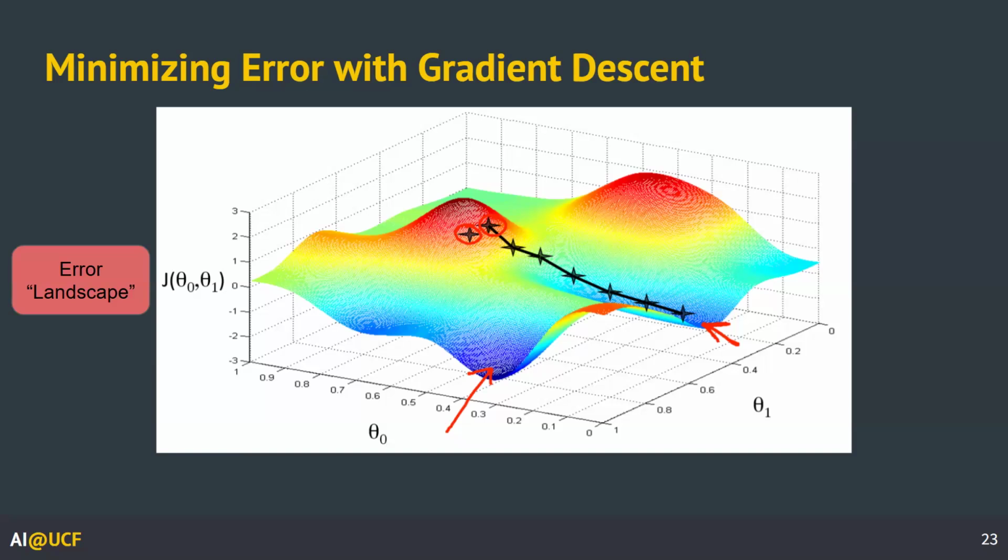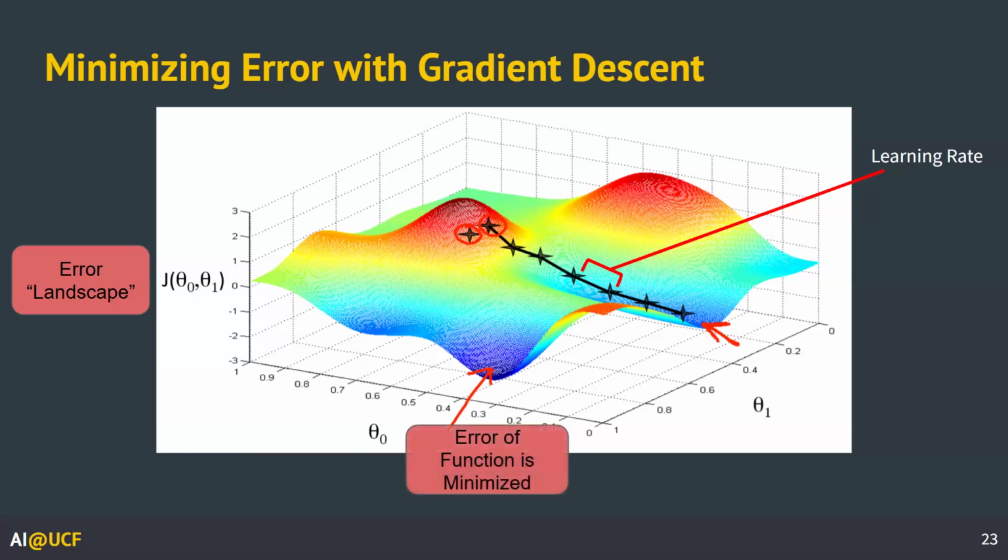So we have our error landscape, and we adjust our weights very slightly with a learning rate. We know our error now, so we can say, okay, we need to head in that direction. We need to change our weights in these directions. We do that by a slight amount with our learning rate, so that we go down in error over time to some local minimum.